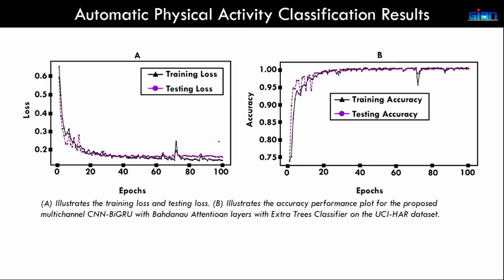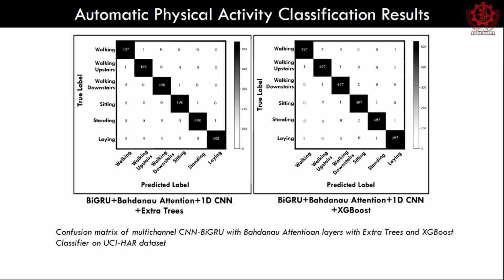The training curves are nice. Overall within 100 epochs we are able to train the model. This is a classification model, and you can see most of the activities are correctly classified. It's a very nice model which is useful to use.